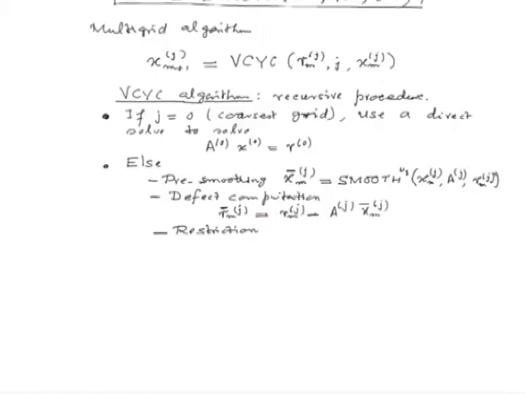So, in the restriction process, we will go to the coarser grid level R m j minus 1, apply the restriction operator P j minus 1 to our vector R m bar j, and then once we have got the residual vector on the coarse grid, find out the coarse grid correction.